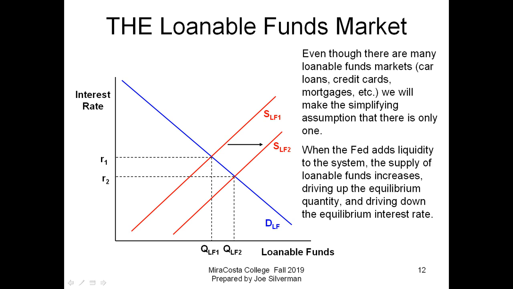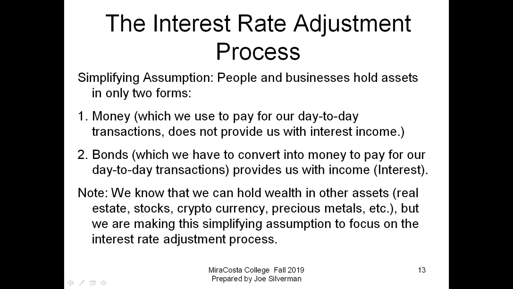The supply curve in the loanable funds market is upward sloping, and the reason it's upward sloping is because the Fed is not the only player in this market. The Fed is supplying money in the Fed funds market, and some of that money might come out of the Fed funds market into other loanable funds markets, but there are other players, other participants in there as well.